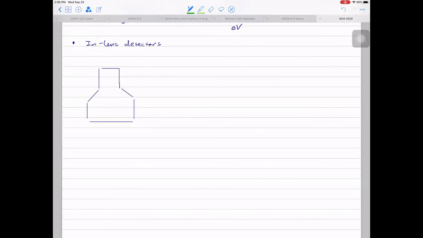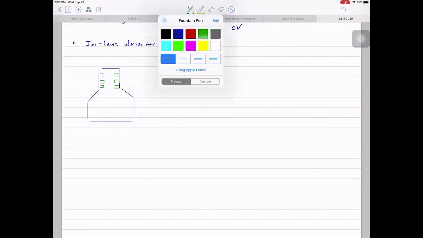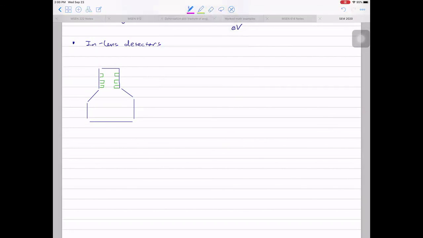Remember, we talked about the lens systems. The first set is the condenser lens. Then after that, we have the scanning coils. And after that, we have the objective lens. Then if we focus kind of here, the piece that holds the objective lens is also called the pole piece.